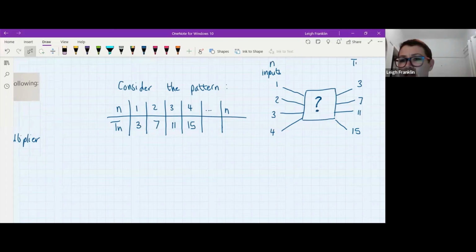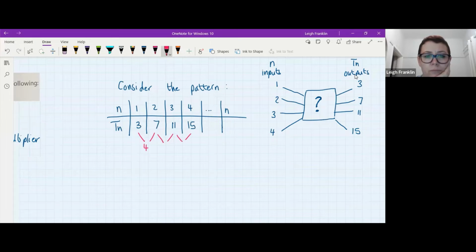Okay, so these are your inputs, and here is Tn, your outputs. For all of those of you that were in Tekelo, you're right. You're adding 4 to go from one term to the next. But what are we going to do with that 4? That 4 becomes our what?